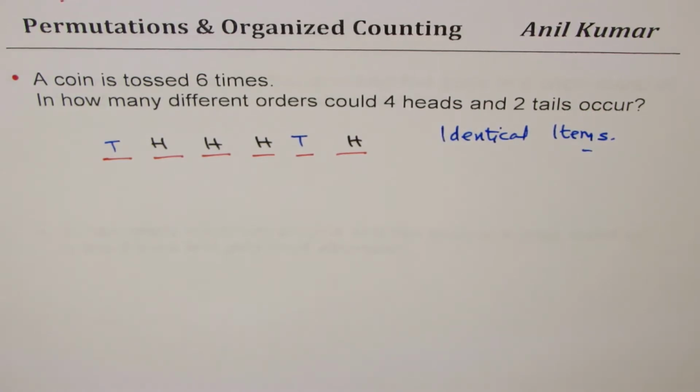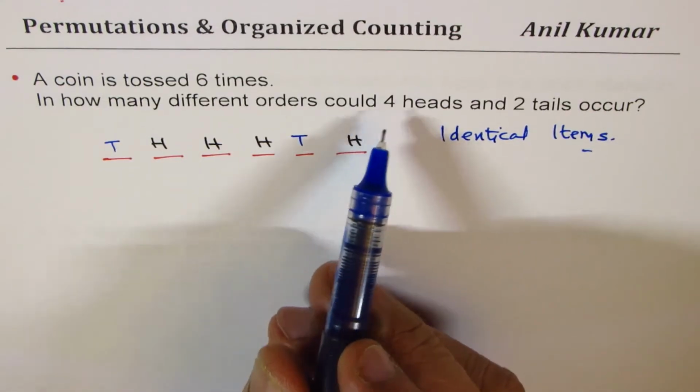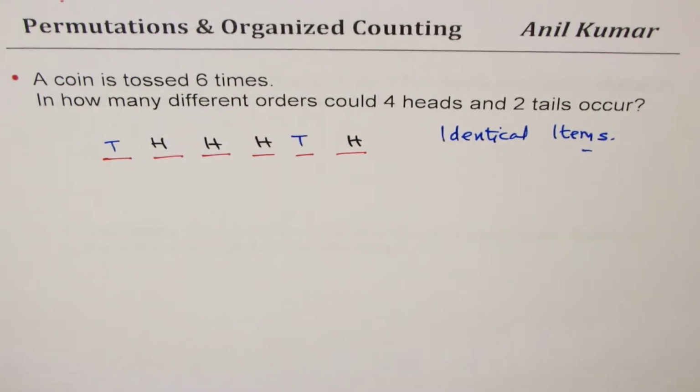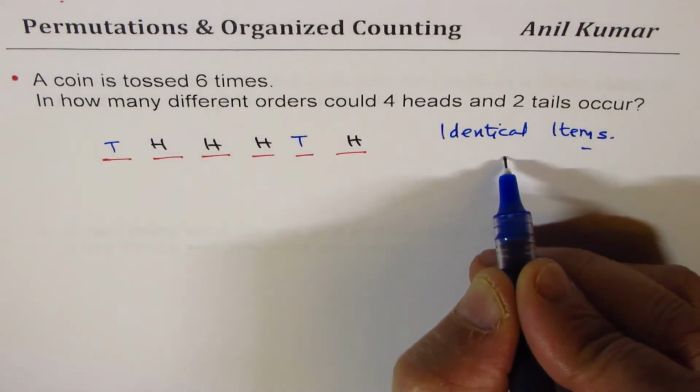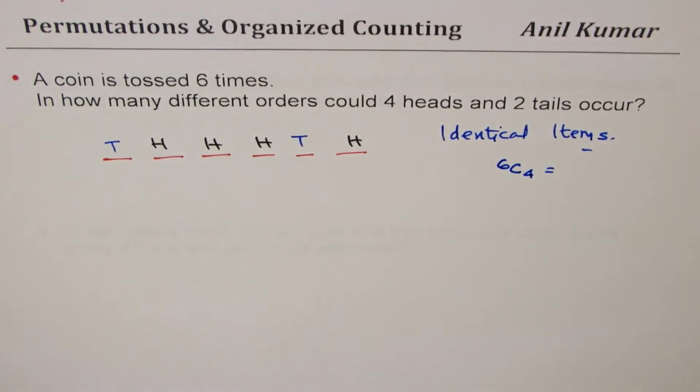Well, if this was a case of combination, then we could have done straight away 4 heads out of 6, correct? So the answer could have been 6C4. That will give you the answer, correct?